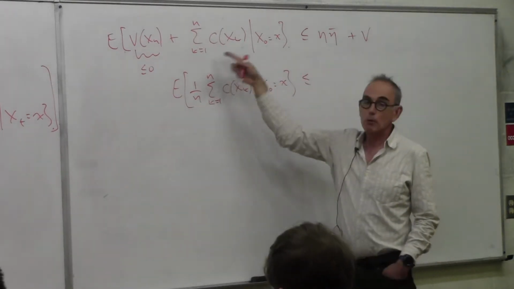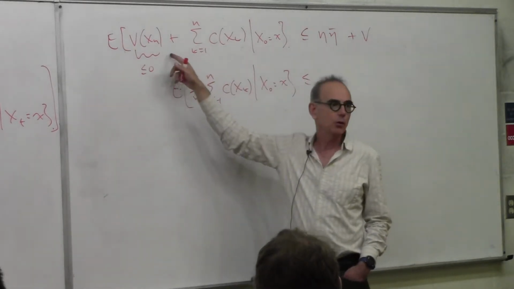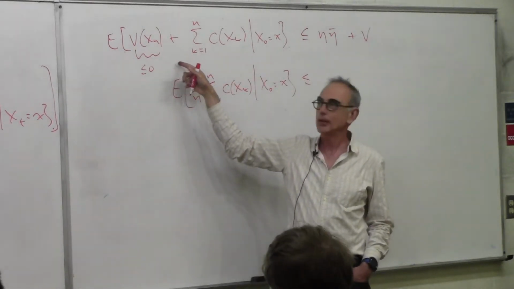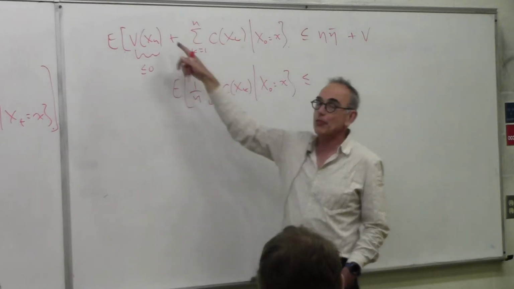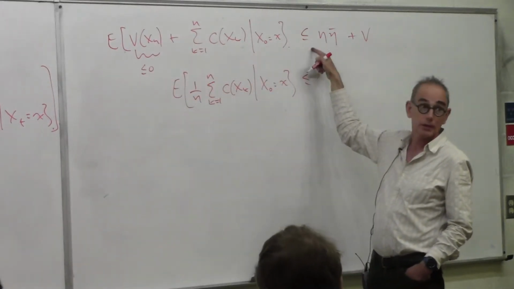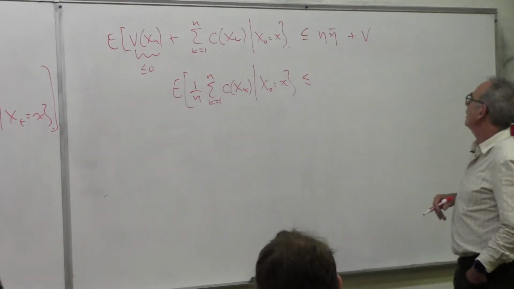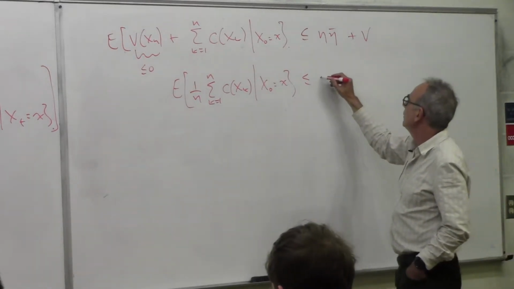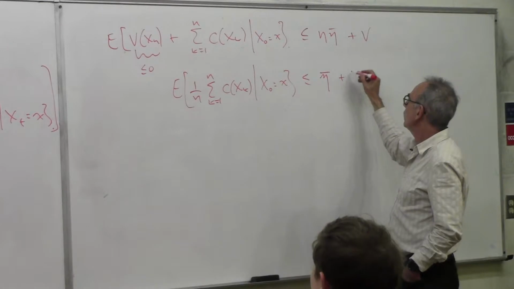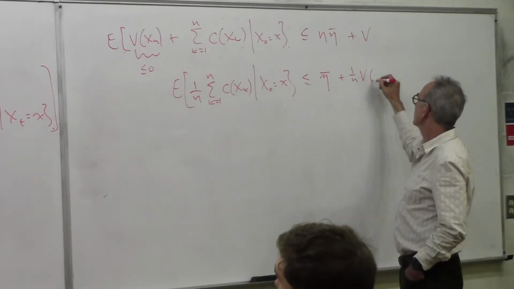Just take both sides, divide by n, throw away this annoying positive part. If I throw this away, I preserve the inequality because I just throw away a positive term, and that's less than or equal to eta bar plus 1 over n V(x).